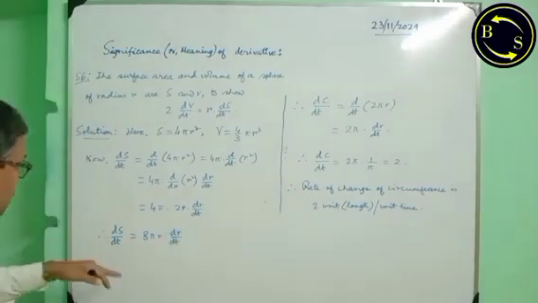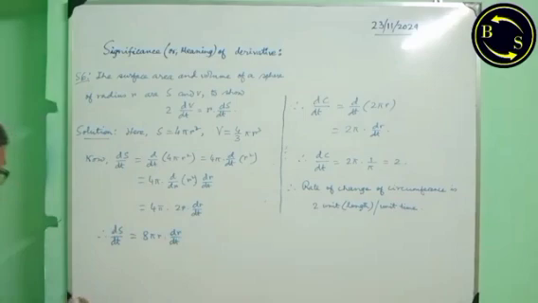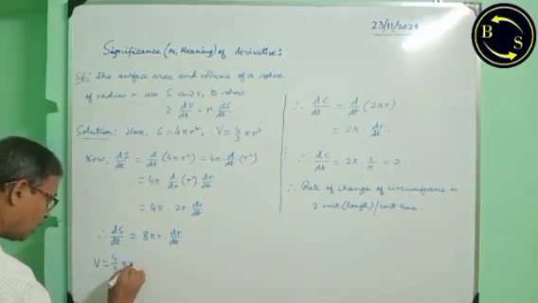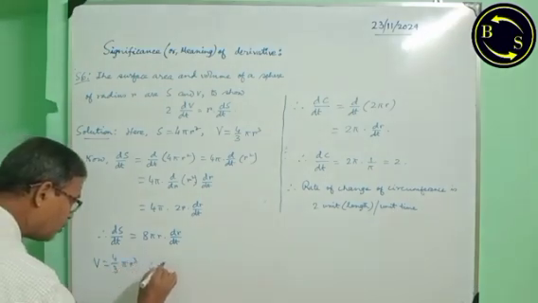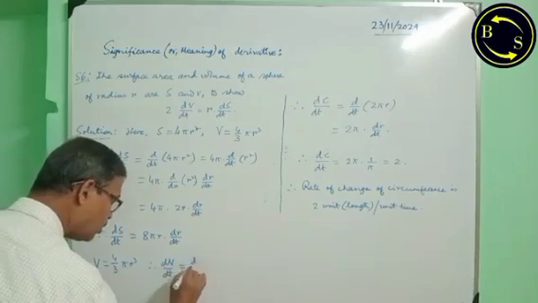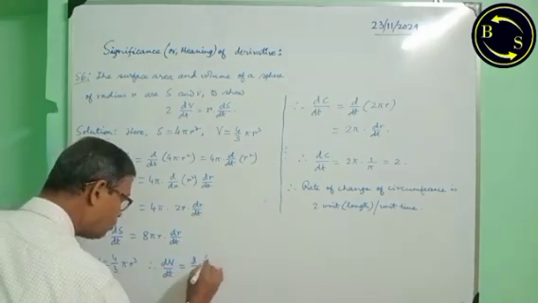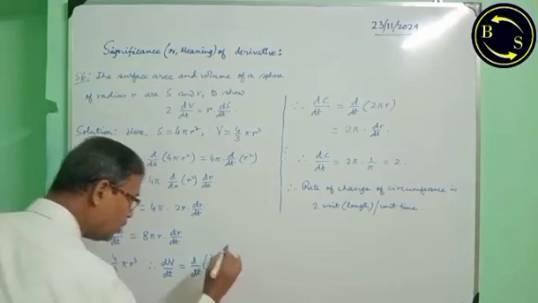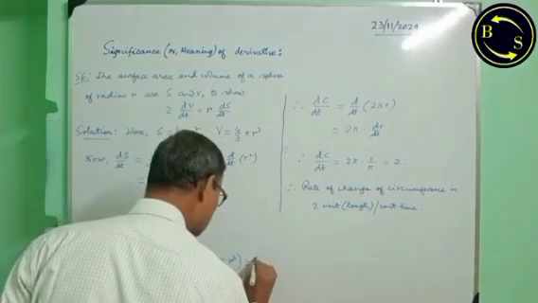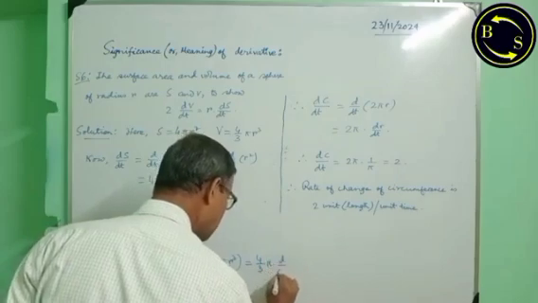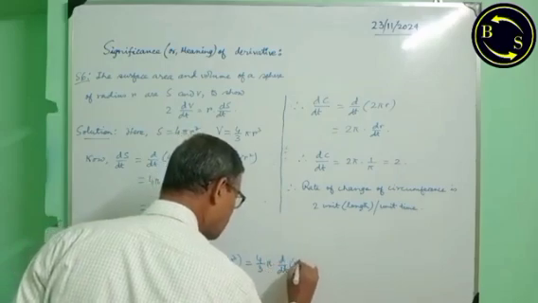Then we find dV/dt. V equal to 4 by 3 pi r cube. Therefore, dV/dt equal to d/dt of 4 by 3 pi r cube. 4 by 3 pi is constant, that is taken outside, into d/dt of r cube.